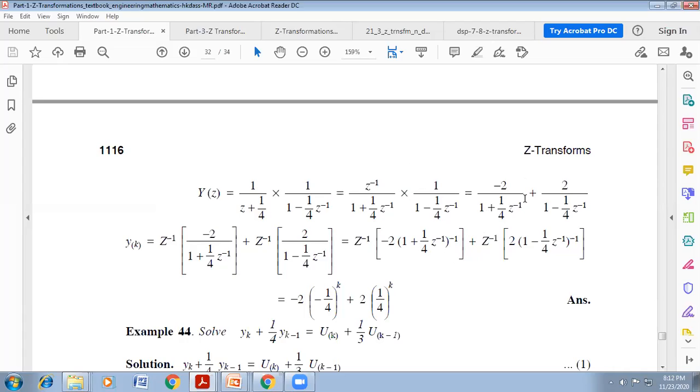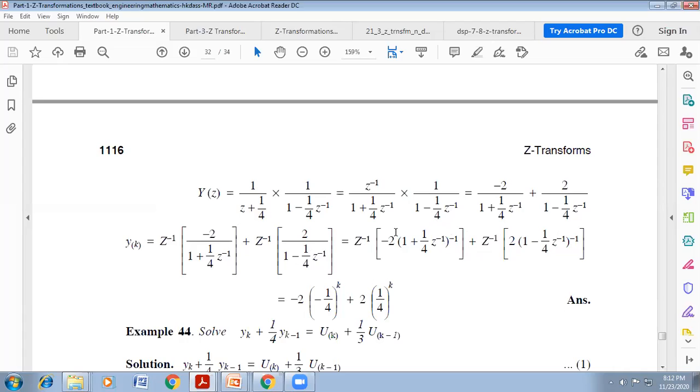So this will give the inverse transformation of this term, and this will give the inverse transformation of the other. So the inverse transformation can be taken as this, which is written as minus 2 into (1 plus 1/4 z inverse) to the power minus 1.